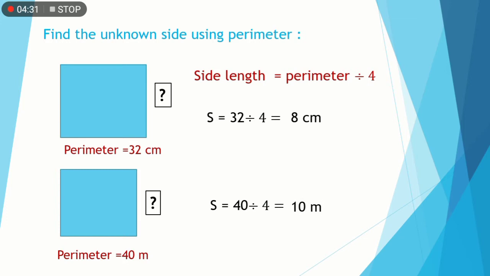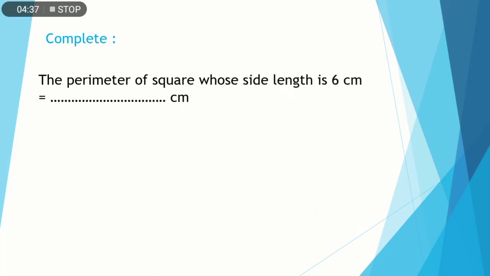The next one: complete. The perimeter of a square whose side length is 6 centimeters. How can I get the perimeter? Perimeter equals side times 4. It means 6 times 4 equals 24.